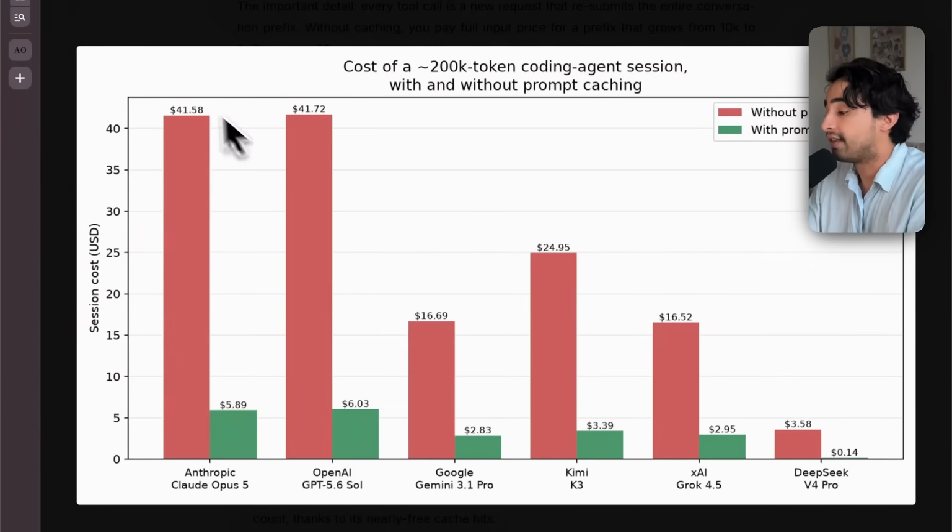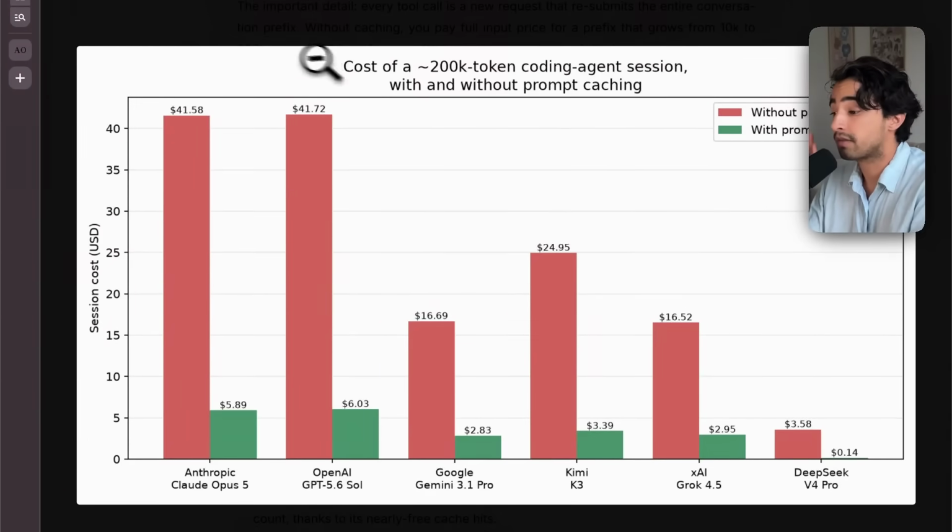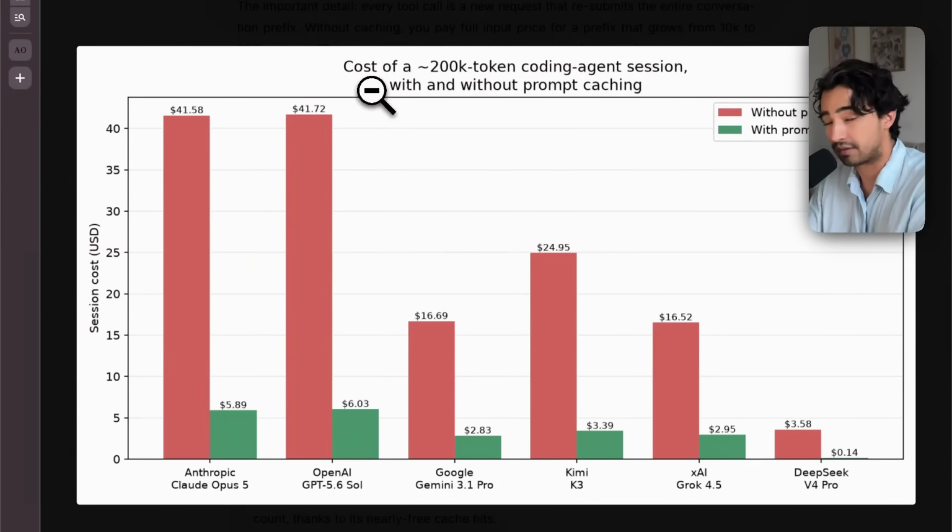The red parts right here are the full price that you would pay for that very small 200K token session without caching. And as you can see, both for Opus and GPT Sol, it would be ridiculously expensive at $41 just for a 200K token session, which is not a lot.